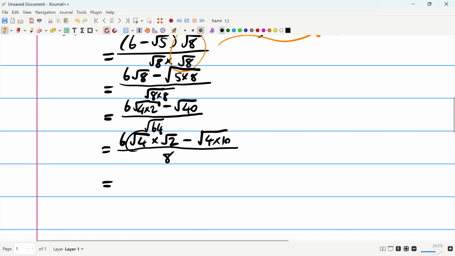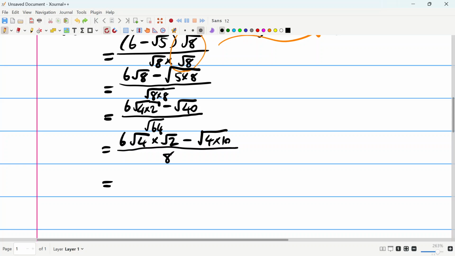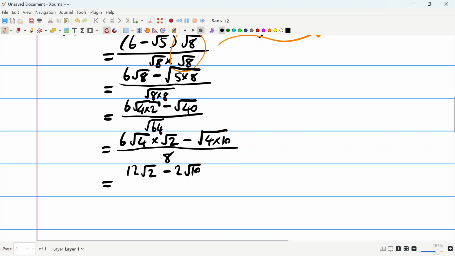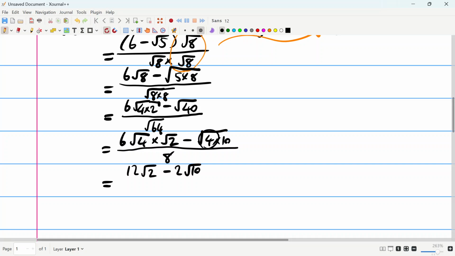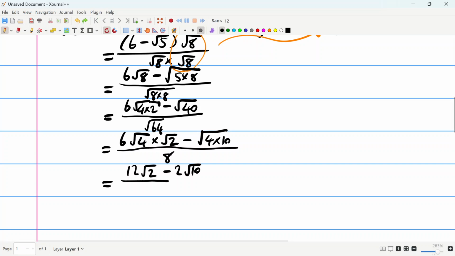Here, we notice that the square root of 4 is just 2, so 2 times 6 is just equal to 12. So it's 12 times the square root of 2 minus, it will be 2 times the square root of 10. Because notice that this is just the square root of 4 times 10, which is just going to be 2 times the square root of 10. And then here we have it divided by 8.